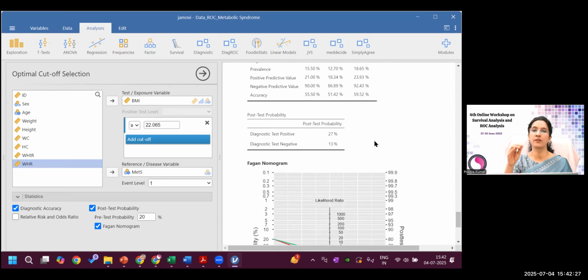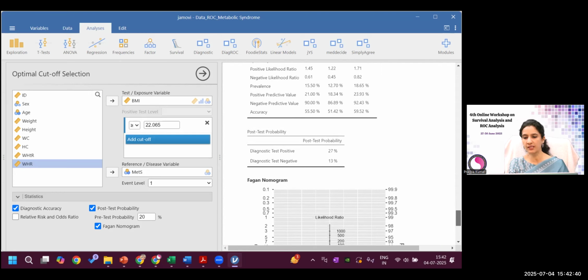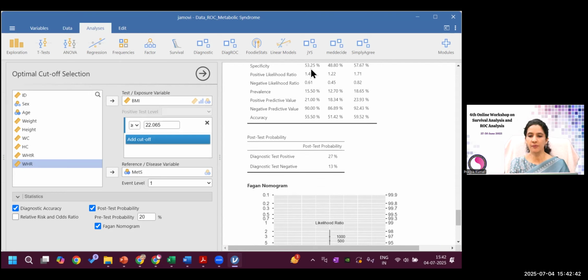So like we were discussing, how is the post-test probability calculated? Generally the post-test probability is calculated taking the likelihood ratio positive. So it has calculated this LR positive, the likelihood ratio, multiplied by the pre-test odds.